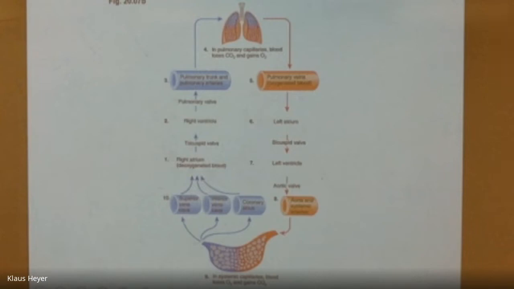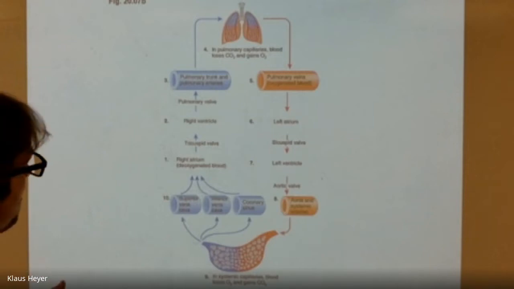I wanted you to know, and it doesn't really matter where you start, but you have two types of circulation here. You've got systemic circulation and pulmonary circulation. I'm going to mark the pulmonary circulation.